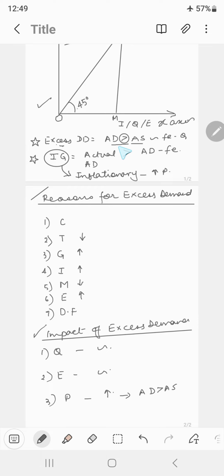Winding up, I need to tell you again that excess demand is when aggregate demand is more than aggregate supply to maintain full employment level of output. And what is inflationary gap? Inflationary gap is caused by excess demand. It is when actual aggregate demand is more than the aggregate demand required for establishing full employment level of equilibrium.